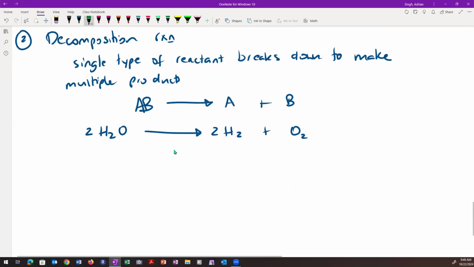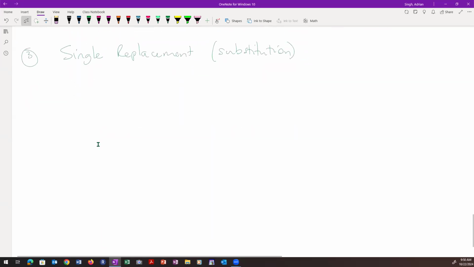Let's take a look at the third one. And the third one is called a single replacement, sometimes referred to as a substitution reaction. And in a substitution or single replacement reaction, what we have usually occurring is an element replaces another element from a compound.